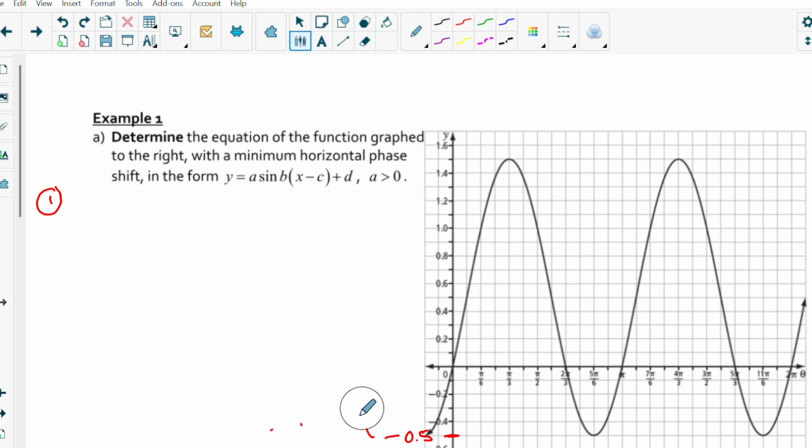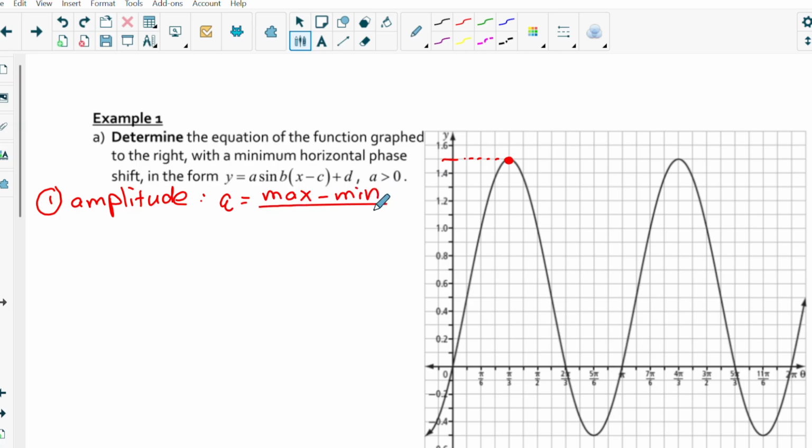I just think of it this way, because the max value is super easy for me to read. I'm going to start with calculating the amplitude first. Again, you can start with the D value, like I showed you before, but let me start with the amplitude. A equals, we know this formula, max minus the min, divided by 2. Here's the max, 1.5.